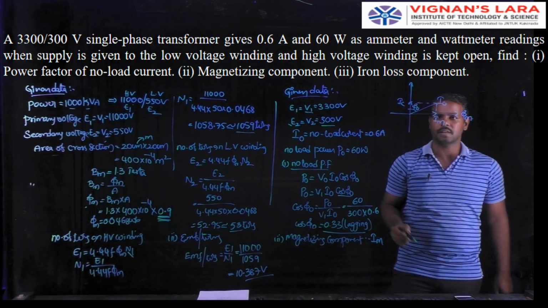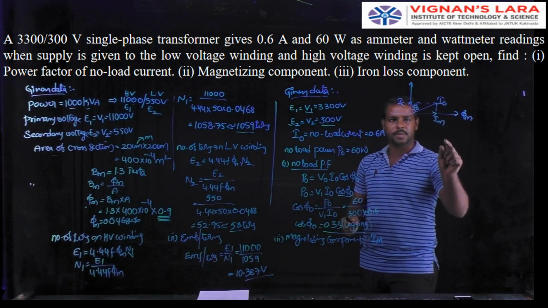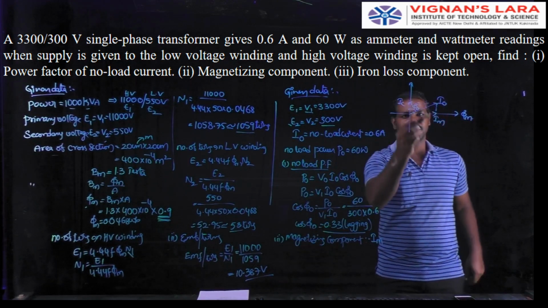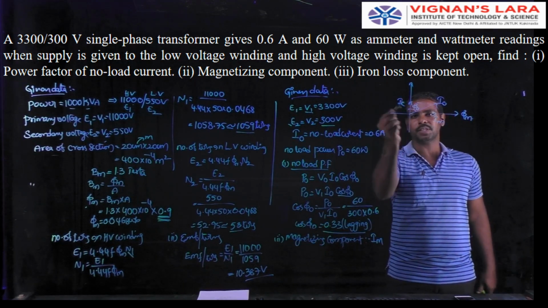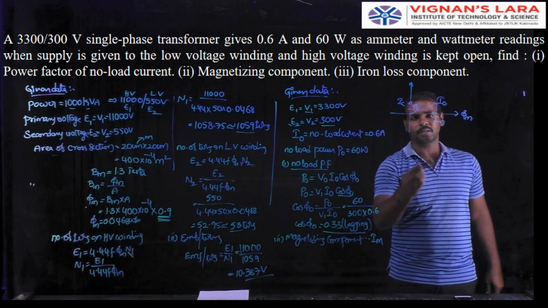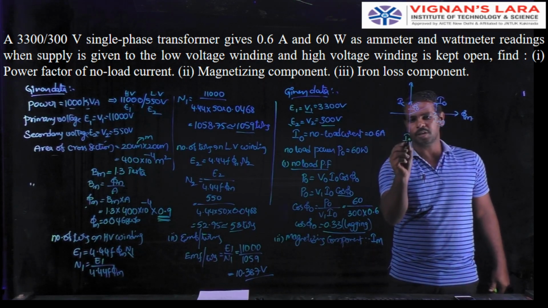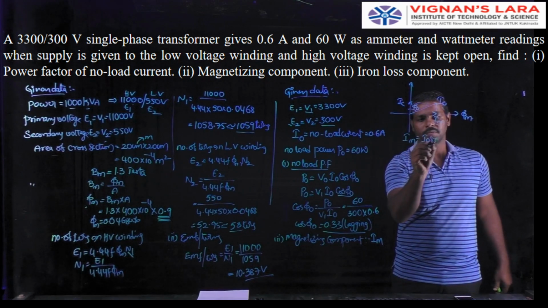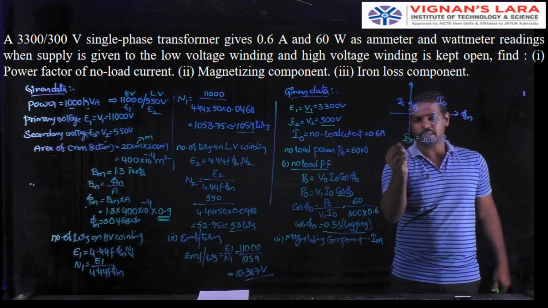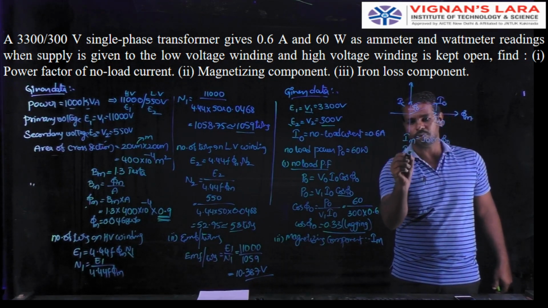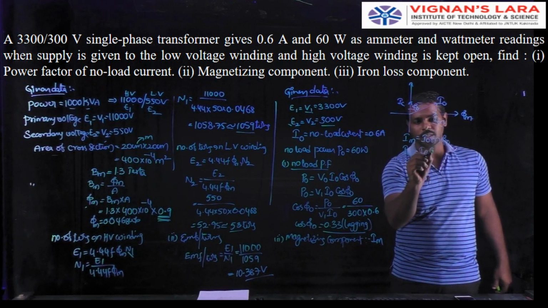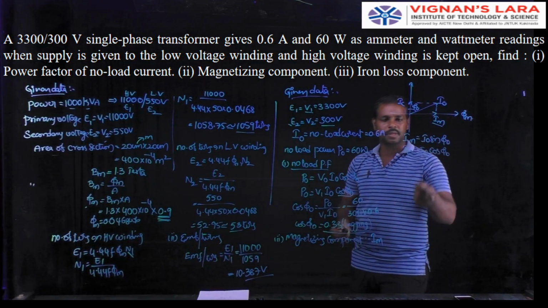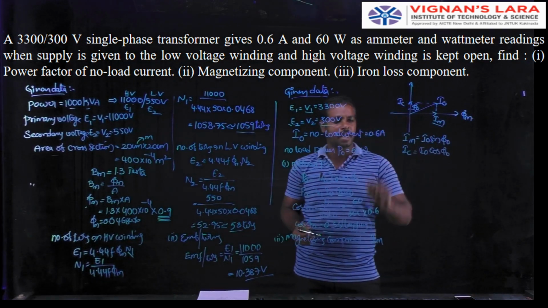This is the phasor diagram of a transformer operating on no load condition. Based on this diagram, we can easily simplify the equations: magnetizing component Im is equal to I naught into sin phi naught, and IC is equal to I naught into cos phi naught. By calculating these two, we find Im and IC.